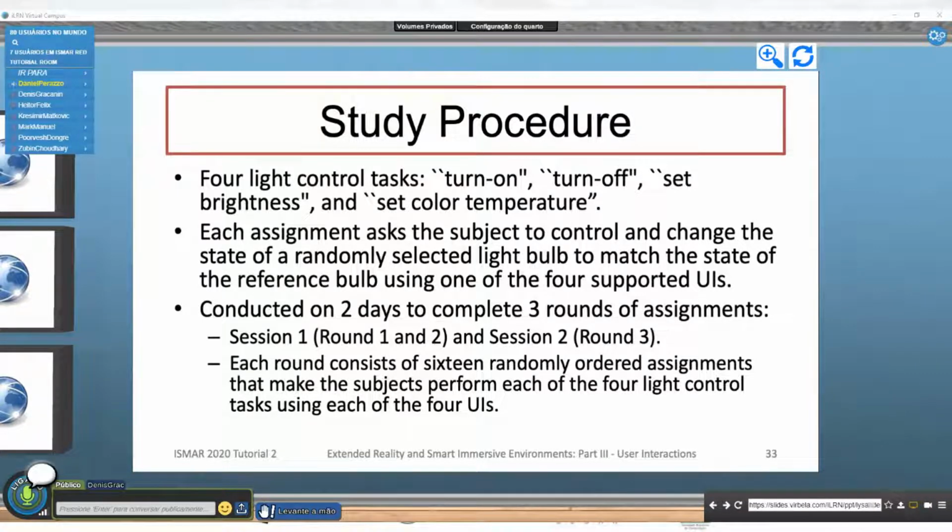And that has to be done with one of the 4 supported modalities. That was done over 2 different days in order to complete 3 rounds of assignments. On the first day, session 1, there were 2 rounds, and on the second day, session 2, there was 1 round. Each round had 16 randomly ordered assignments because we have 4 modalities and 4 light control tasks, so 4 by 4 gives us 16 assignments.